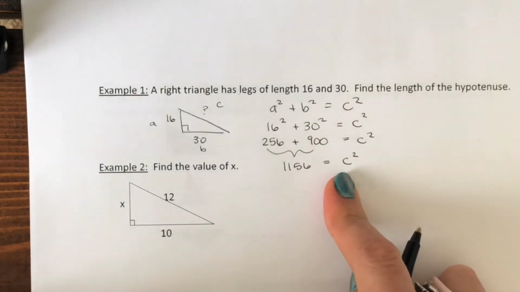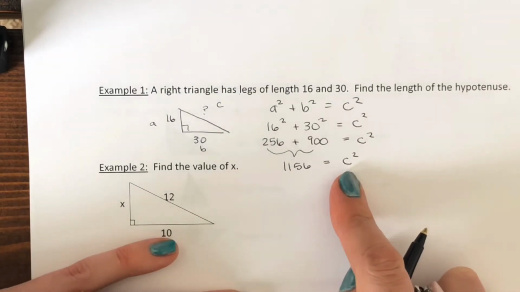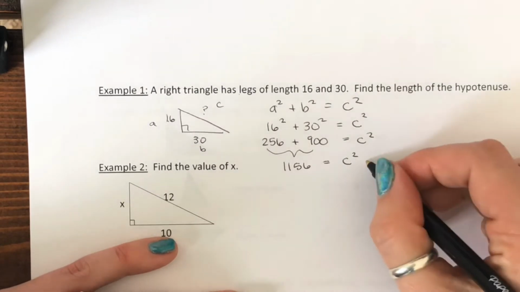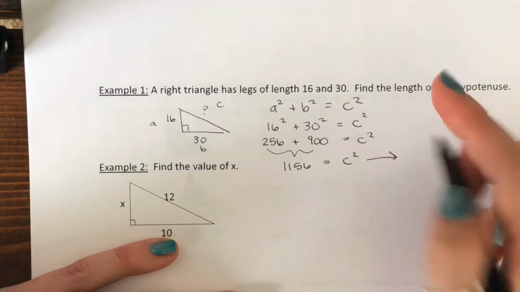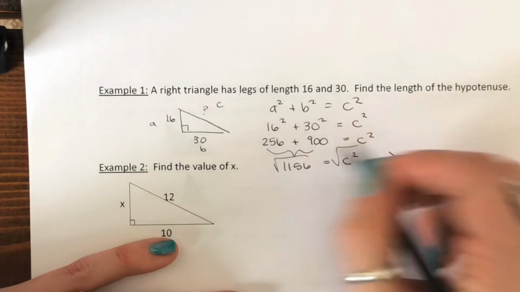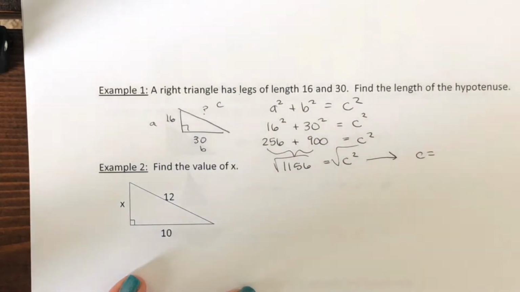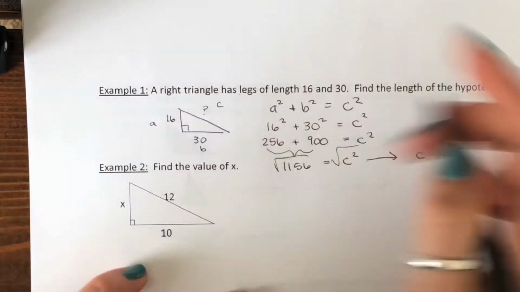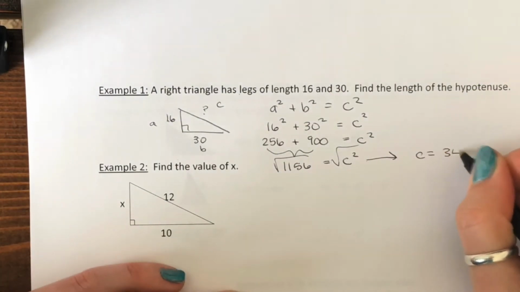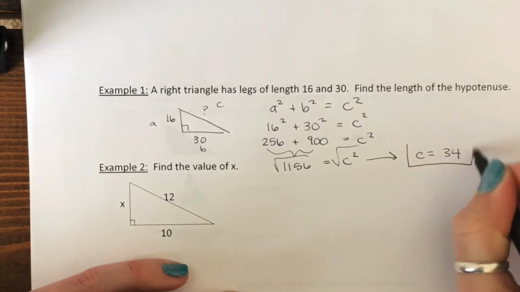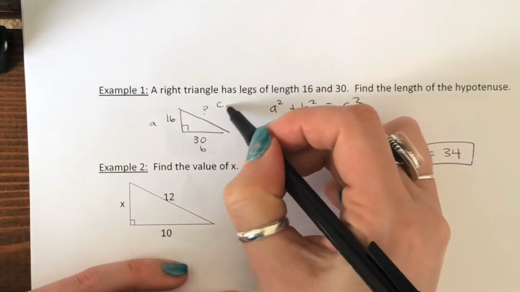And that equals c squared now, but we don't want to know what c squared is. We want to know what c is. So to get rid of a square, we take the square root. So c is going to equal the square root of 1156. So if I put that in the calculator, that equals 34. And so we're saying that hypotenuse is 34 long.